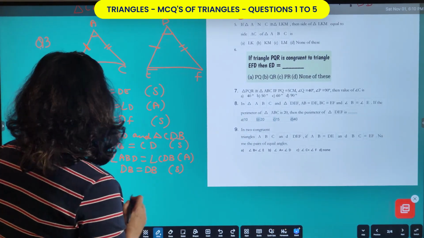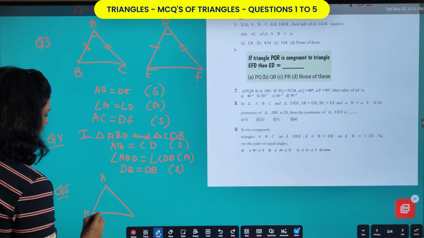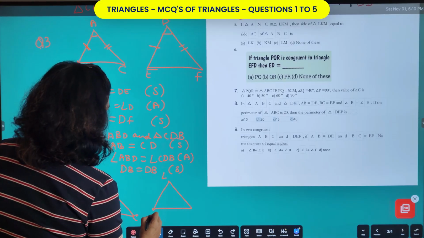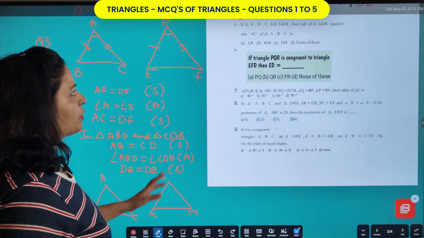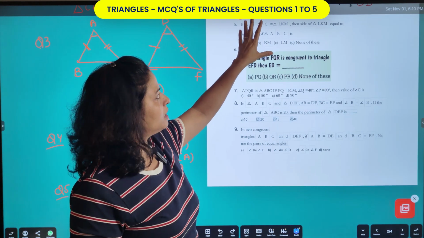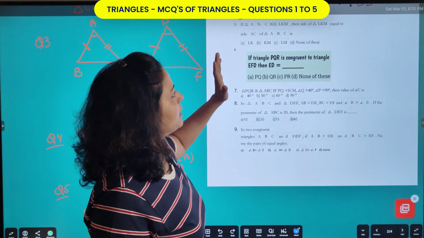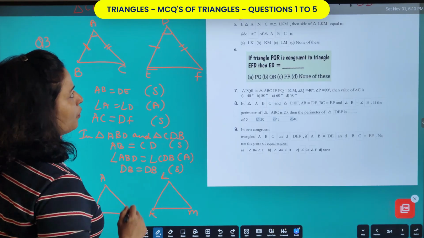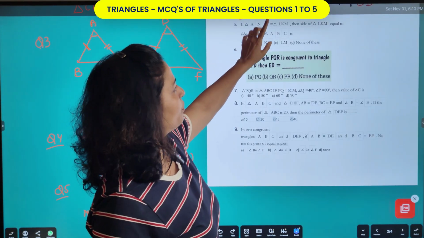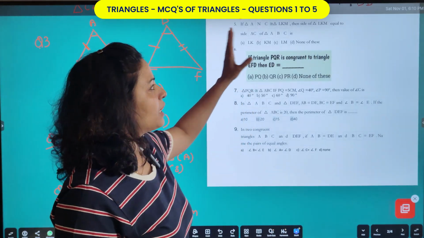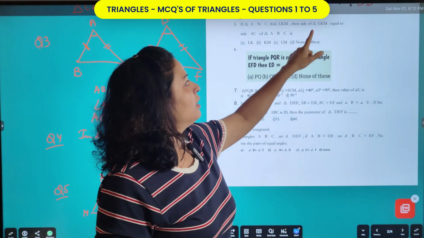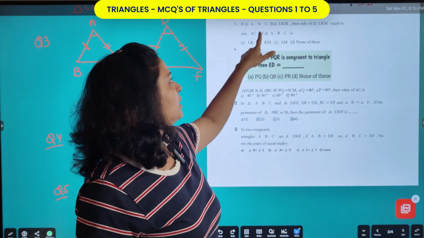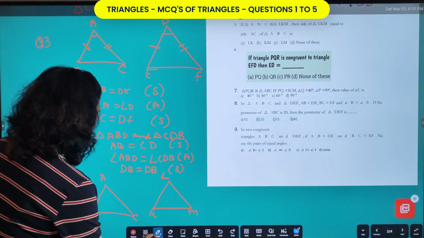So here triangle ANC, and we have one more triangle LKM. They have told that triangle ANC is congruent to triangle LKM. Now they are asking in triangle LKM, which side is equal to AC of triangle ABC. Since the triangles are congruent, the side of LKM which we choose should be corresponding to the side AC.